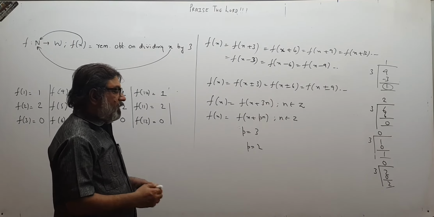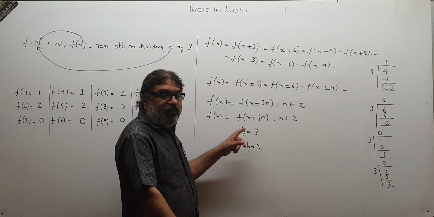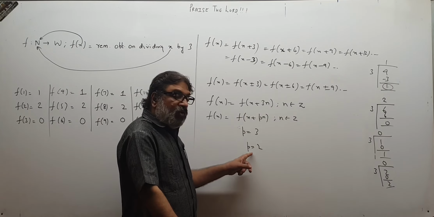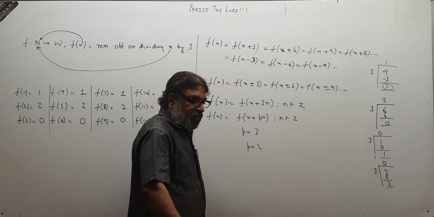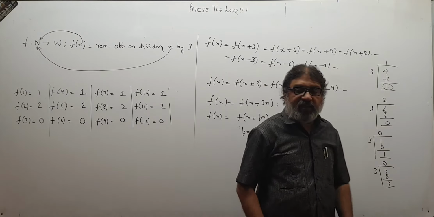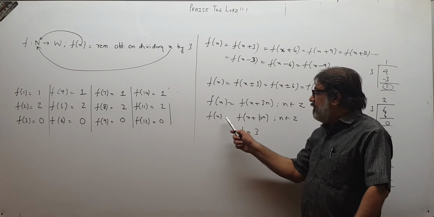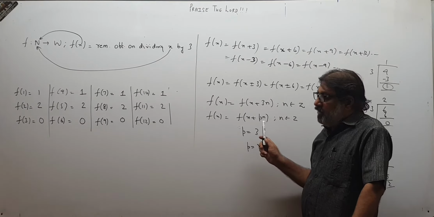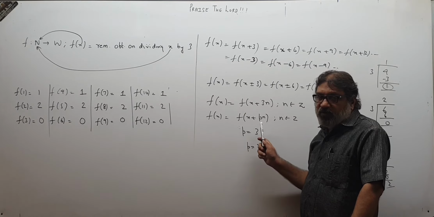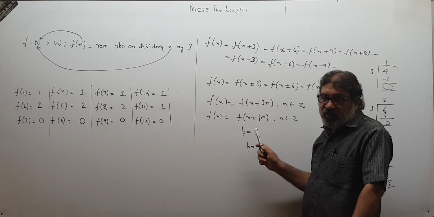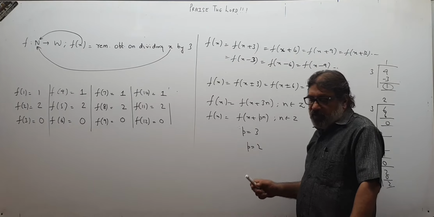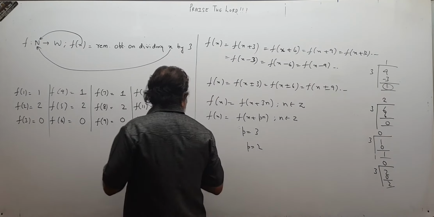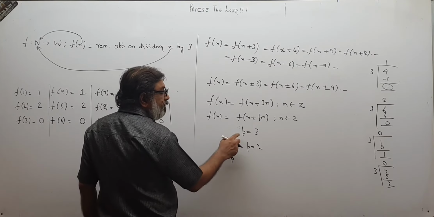So children, we say 3 is the period of this function and 2 is the period of that function. If f(x plus pn) is f(x), then p should be positive, the smallest positive number. I am picking up p as 3 and 2.